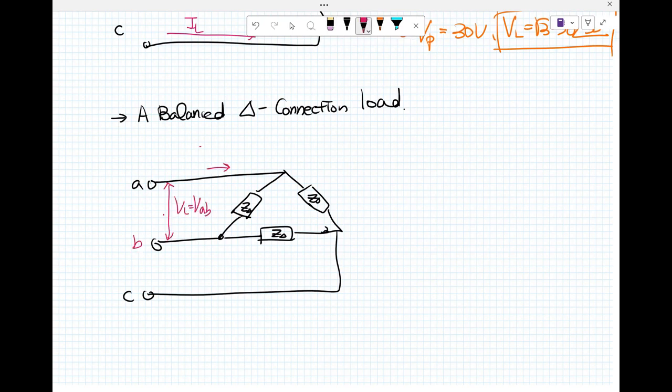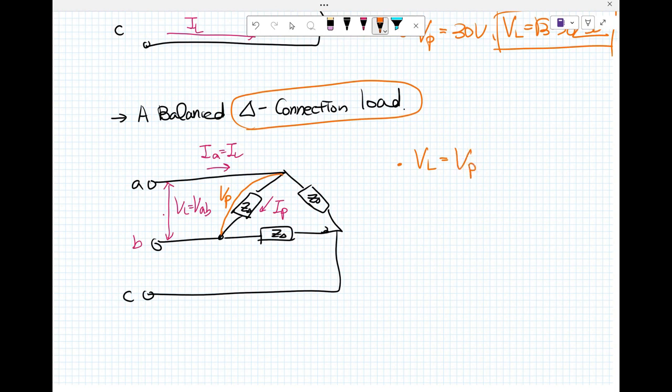AB, I sub A, line voltage. This is phase voltage. And also, this is phase voltage. Now, for the delta connection load case, the line voltage should be the same as the phase voltage.